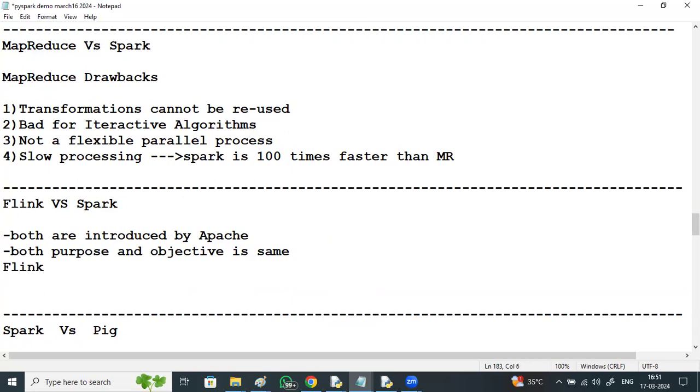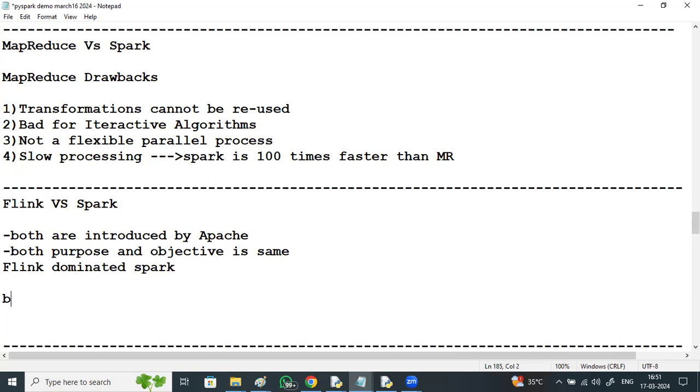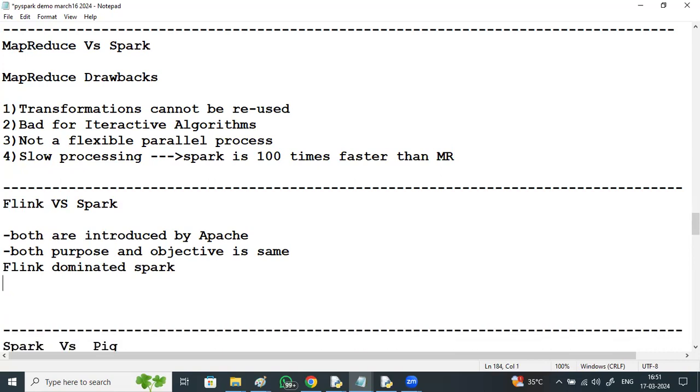Flink dominated Spark, which means Spark was weaker in data analytics in its initial versions.